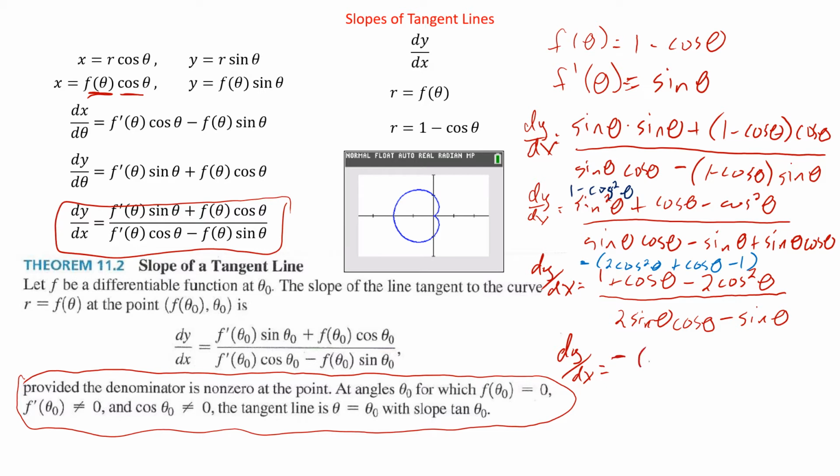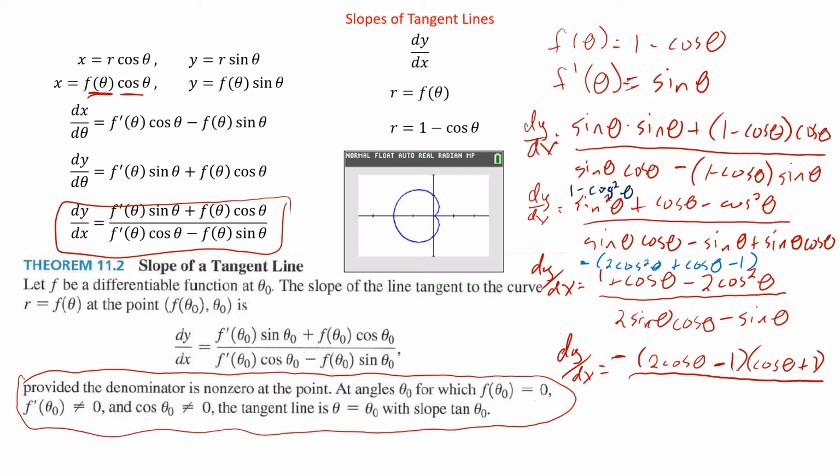So we'll have a 2 cosine theta and a cosine theta. And then let's see, to be multiplied to be negative 1, it's going to have to be a positive 1 and a negative 1. The positive 1 will get multiplied by 2. The negative 1 will not. So if we distribute that, we should get 2 cosine squared theta plus cosine theta minus 1. So plus 2 minus 1, yep.